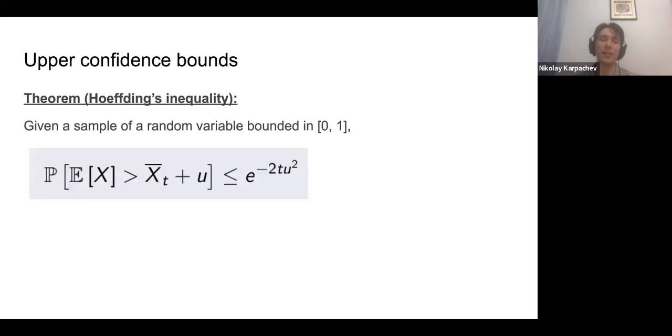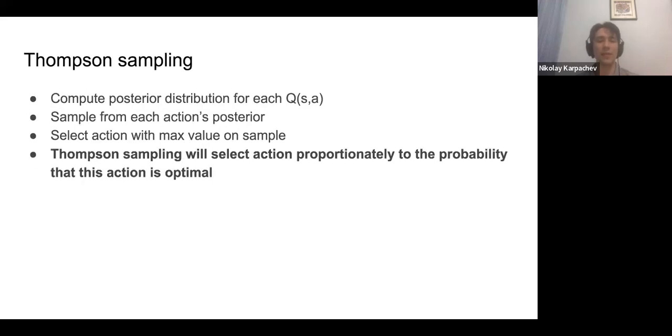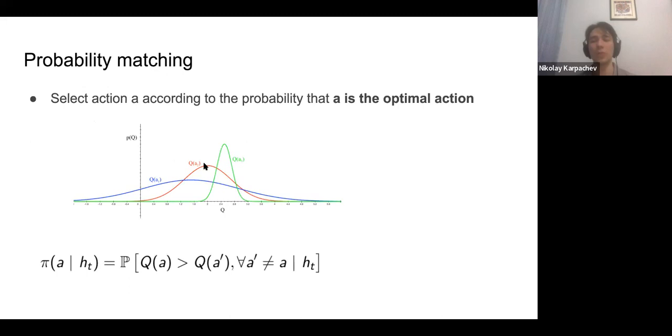But I think it's more related to Monte Carlo sampling, because we want to estimate the probability that some action is better than the other. To do so, we don't know how to estimate it theoretically. Instead, we estimate it using sampling, and we sample from the posterior distribution that we know at this step.